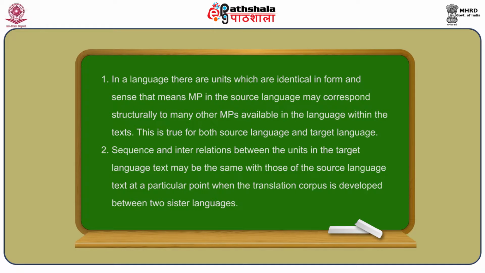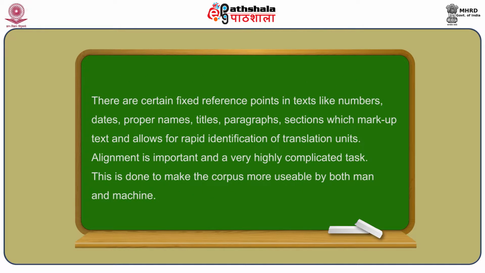Second, sequence and interrelation between the units in the target language text may be the same as those of the source language text at a particular point in the parallel translation corpus when the corpus is developed between two sister languages. Third, there are certain fixed reference points in text like numbers, dates, proper names, titles, paragraphs, sections, which mark out text and allow for rapid identification of translation units.